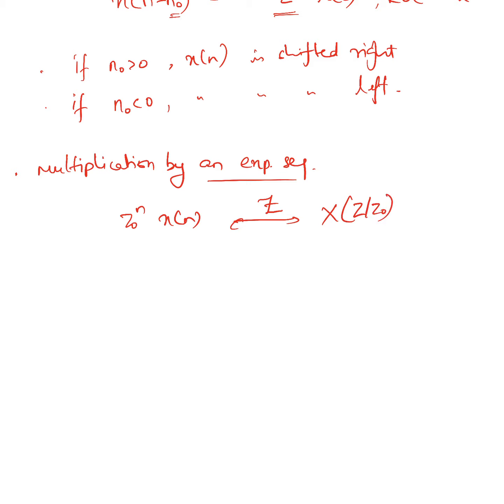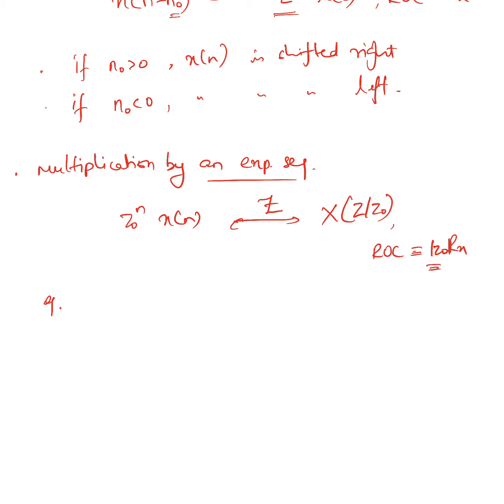So you need to replace z by z over z naught in the expression of the z transform, and the ROC of this sequence would be mod of z naught times Rx. It means that the ROC is in fact scaled by this number z naught.